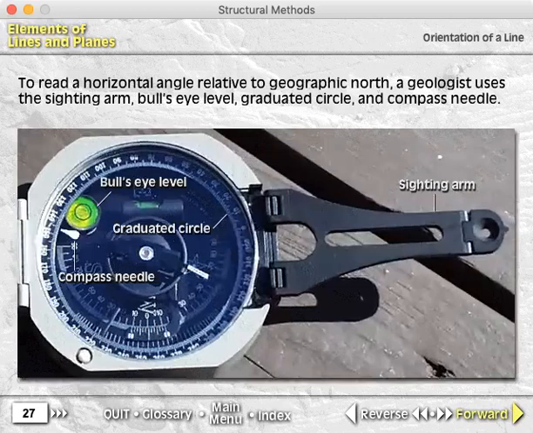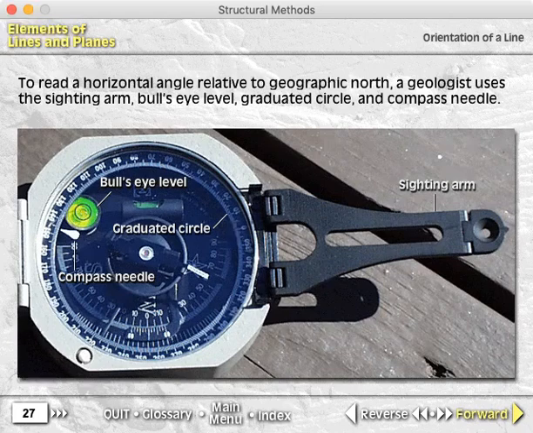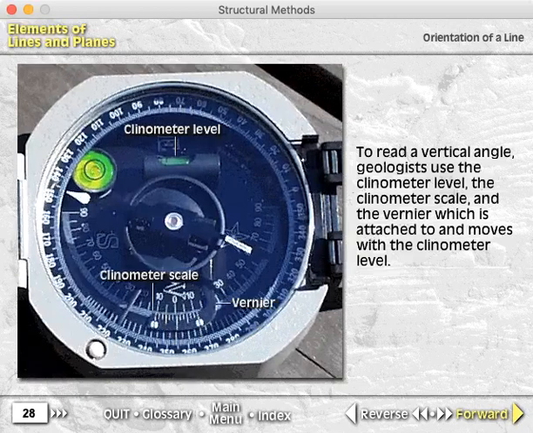To read a horizontal angle relative to geographic north, a geologist uses the sighting arm, bullseye level, graduated circle, and compass needle. To read a vertical angle, geologists use the clinometer level, the clinometer scale, and the vernier, which is attached to and moves with the clinometer level.